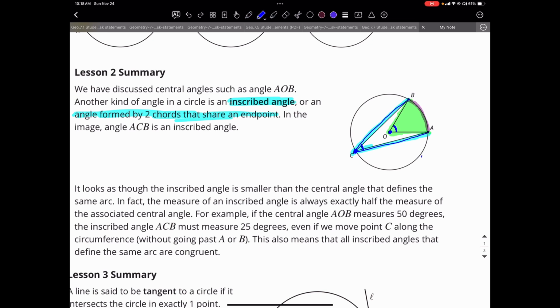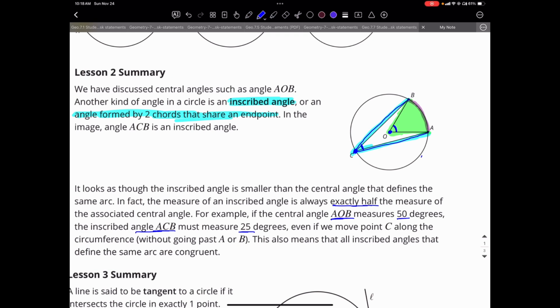In fact, the measure of an inscribed angle is always exactly half the measure of the associated central angle. For example, if the central angle AOB measures 50 degrees, then the inscribed angle ACB measures 25 degrees. It's exactly half.